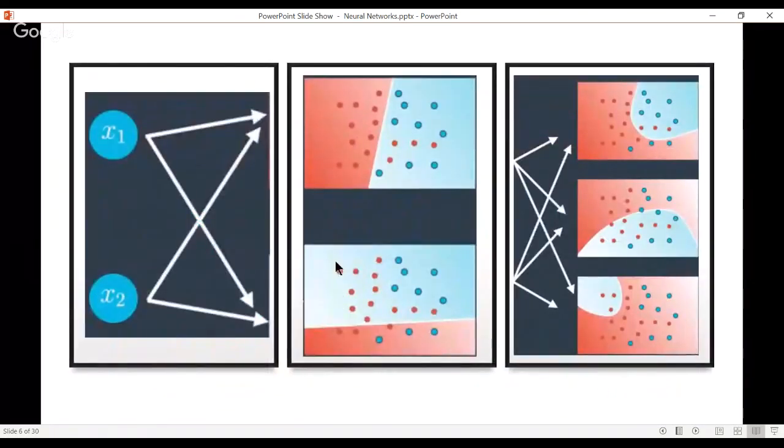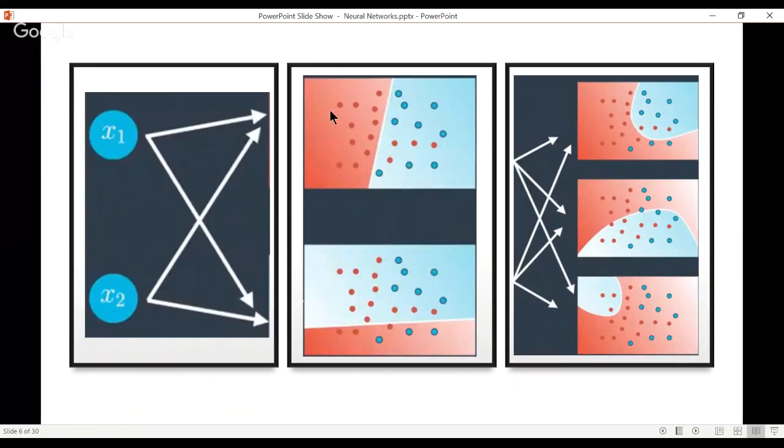Again, we have two input points. This is for just one example, x1 and x2, and two combinations. This time, instead of just creating one combination of these two, we have created three. It depends on what kind of task you have. This could be for a multi-class classification task.